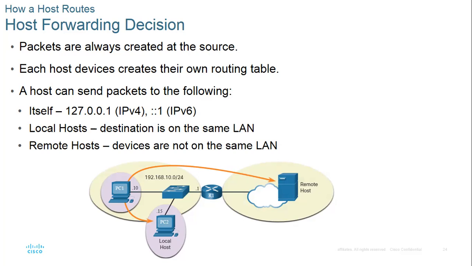So for PC1, on the local LAN we have the family name, which is 192.168.10.0/24. Since it's /24, the first 3 bytes are used for the family name, and the last byte is used to identify the name of every host.